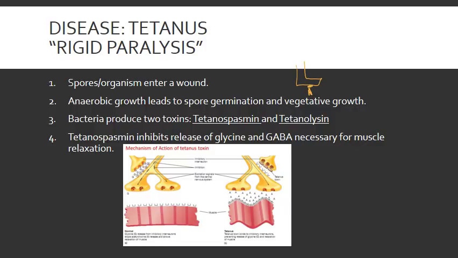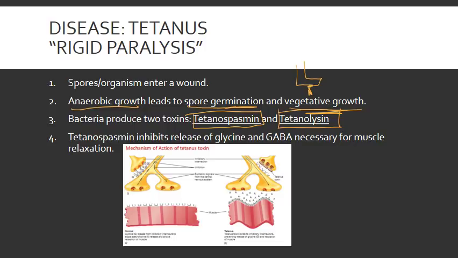As the oxygen becomes limited, anaerobic growth occurs. When this occurs, you get spore germination and vegetative growth. During vegetative growth, you're going to get production of the two toxins that are associated with tetanus. These are known as tetanospasmin and tetanolysin.